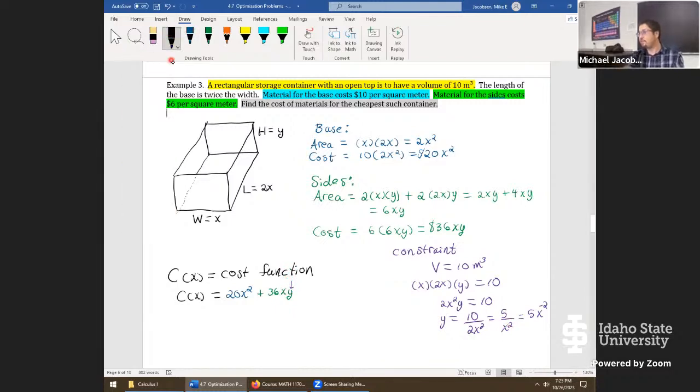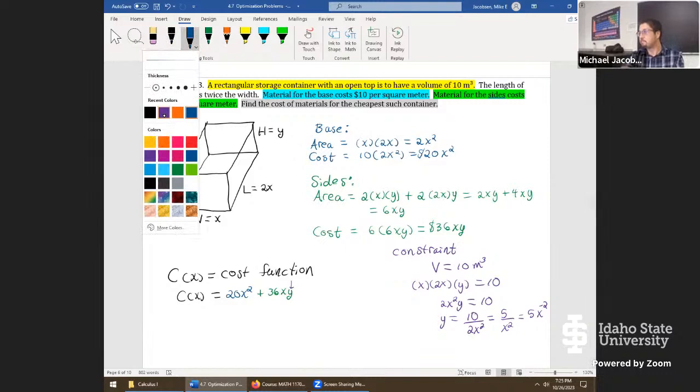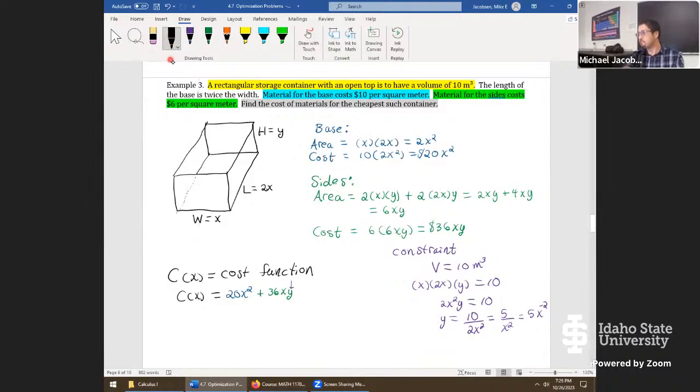Back to our cost function, we have c of x is 20x squared plus 36x. Now it's multiplied by y through substitution, so we'll plug that in: 5x to the power negative 2.